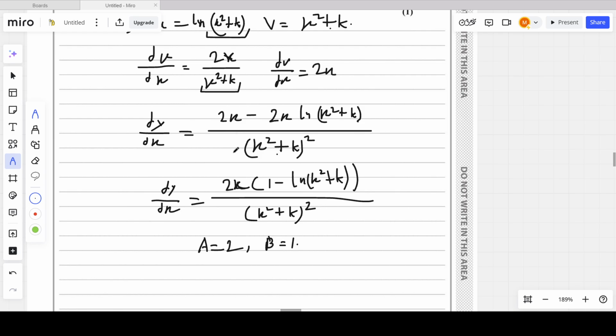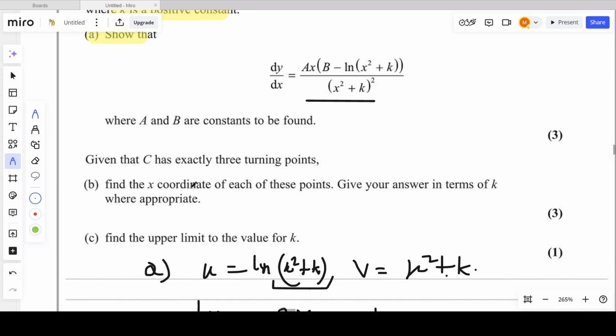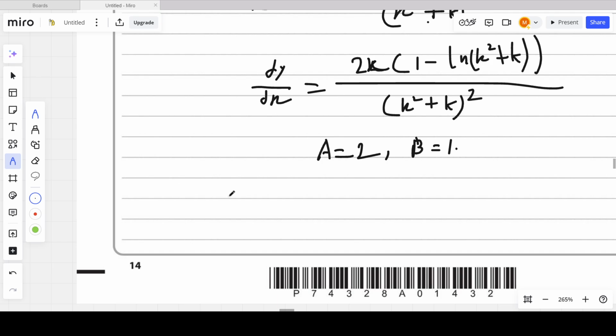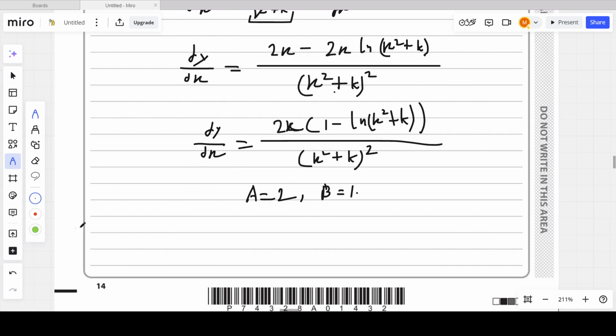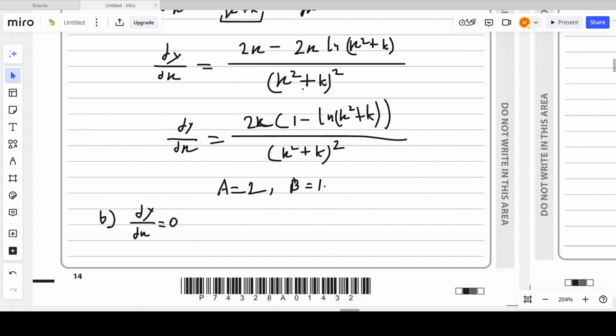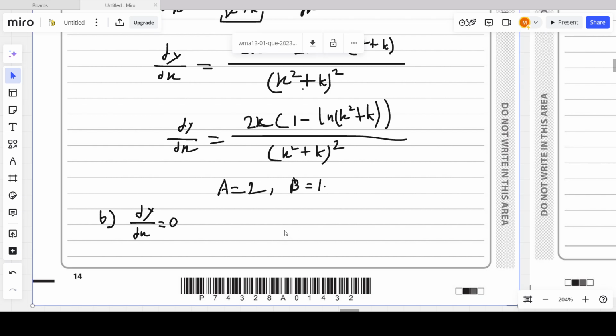Now for part B, given that C has exactly 3 turning points. That means at 3 points we can have the derivative of y equal to 0. So for finding the 3 turning points, we put dy over dx equals to 0.